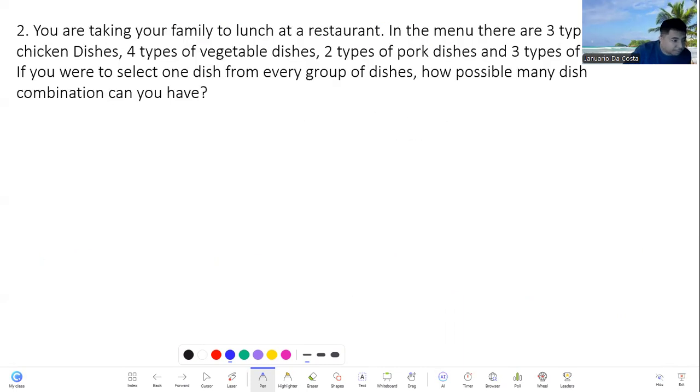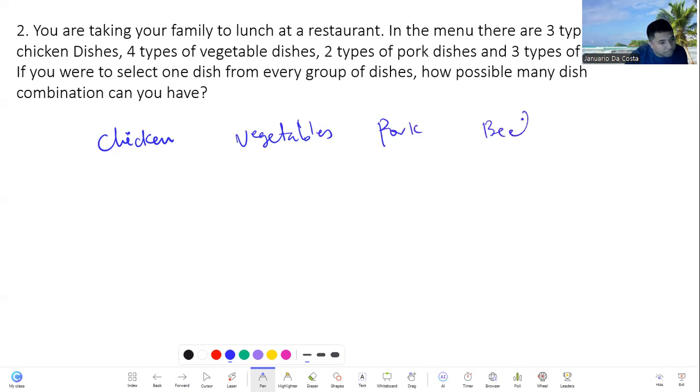For example, you're taking your family to lunch at the restaurant. The menu has chicken dishes, vegetables, pork, and beef.